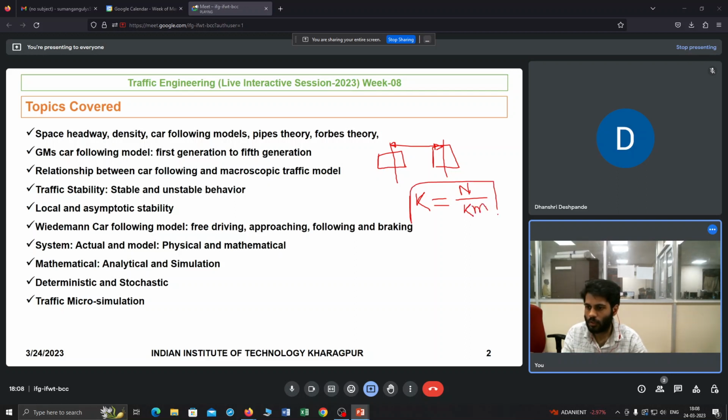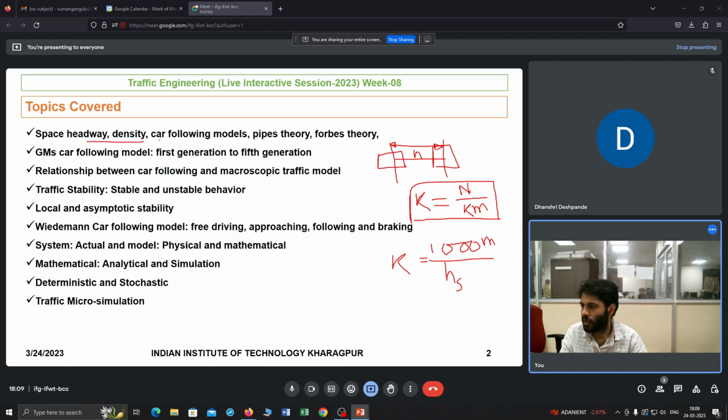If I have a 1 kilometer road, that is 1,000 meters, and the space headway is H_s, then the density K equals 1,000 divided by H_s. If the distance between two consecutive vehicles is H_s, then in 1,000 meters there will be that many vehicles. That is called the density.